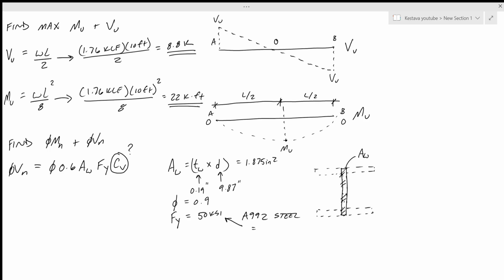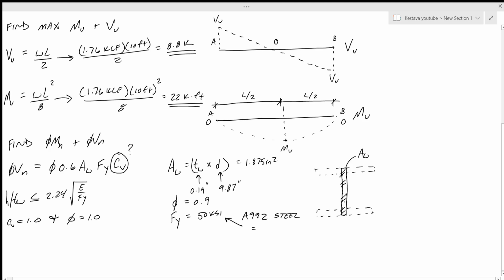You can go to part 1 for shear strength, and it says on page 16.1-68, for webs of rolled I-shaped members, which we have, with h over tw less than or equal to 2.24 square root of E over Fy, Cv equals 1.0, and phi v equals 1.0. So let's see if we have that.